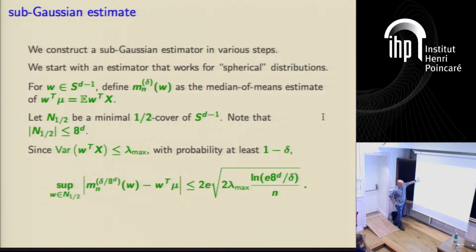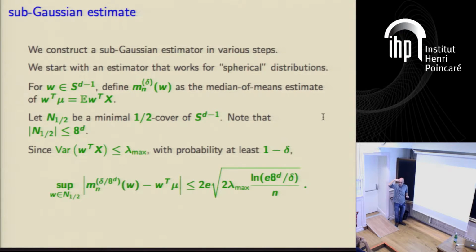Okay, so here's what we do, and those of you who are interested in algorithms will get horrified immediately. We take the set of all unit vectors, and we take a 1/2 cover of that. So what's a 1/2 cover? It's a subset of unit vectors in R^d, such that for every unit vector, there exists an element in this cover that's within Euclidean distance 1/2.